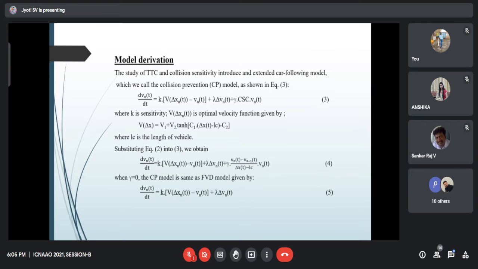V(delta xn(t)) is the optimal velocity function given by V(delta x) equals V1 plus V2 tanh[C1(delta x(t) minus Lc) minus C2].